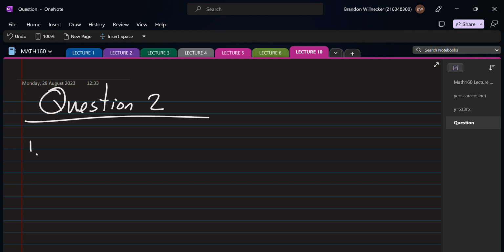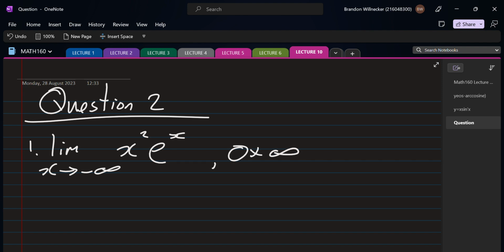Okay, so let's look at this one. We have the limit as x goes to minus infinity of x squared e to the x. We cannot use L'Hopital's rule with this, because if x goes to negative infinity, the first part goes to infinity, the second part goes to 0, so this is 0 times infinity.